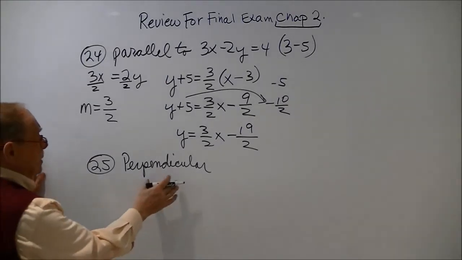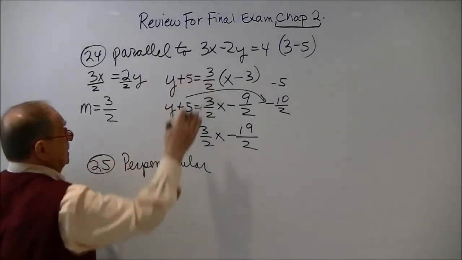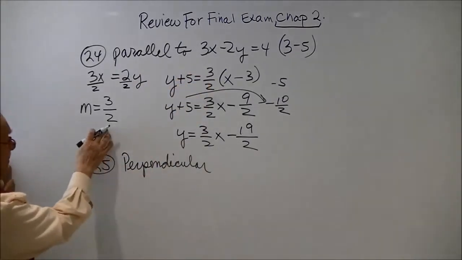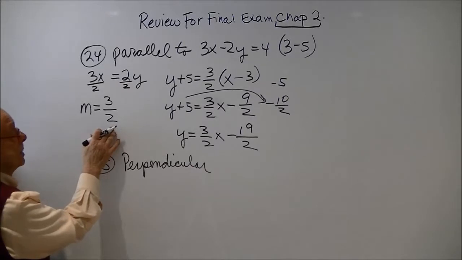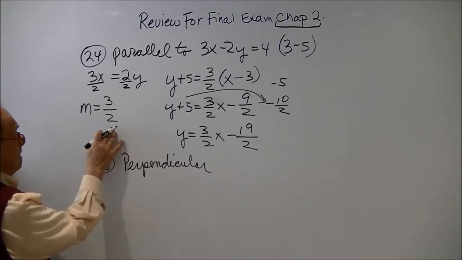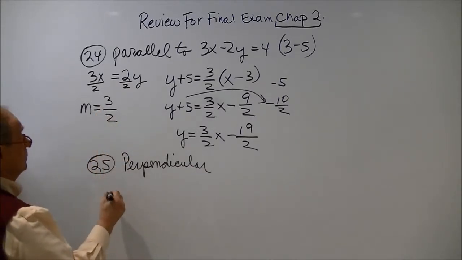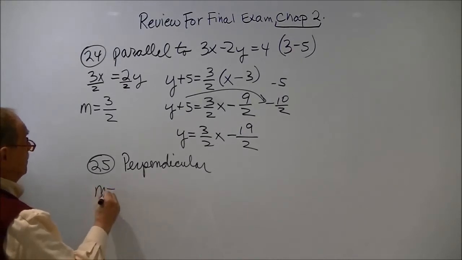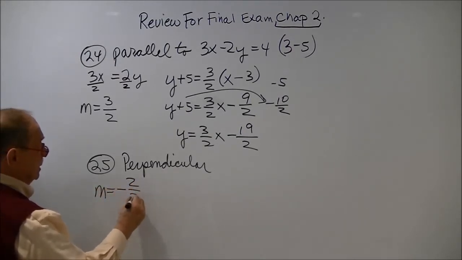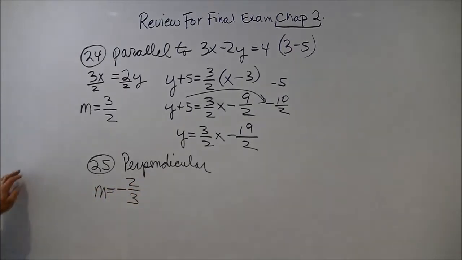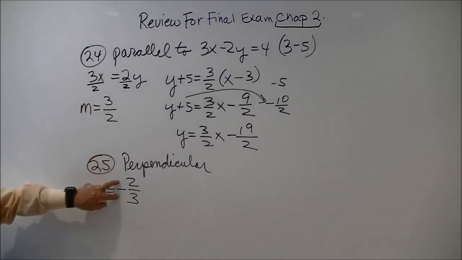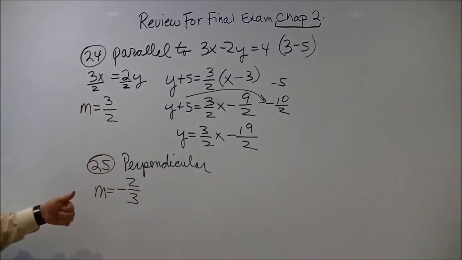Now, one that's going to be perpendicular to this has to have the negative reciprocal as its slope. So, our new slope will be a negative 2/3. Because this times this is a negative 1.